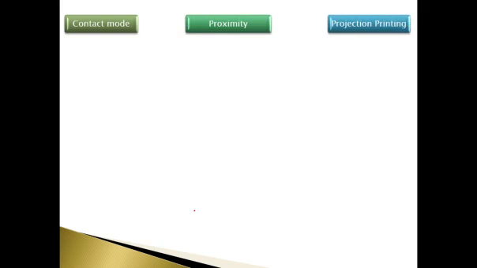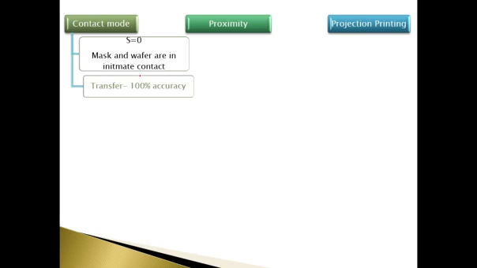Now let's have a comparison between different kinds of modes. One is contact mode, the other is proximity mode, and the last one is projection printing mode. In contact mode, as we mentioned, the distance or the gap between the mask and the photoresist layer will be 0. That means the mask and wafer are in intimate contact. So the transfer efficiency or accuracy is 100% because the mask is exactly resting on the photoresist.